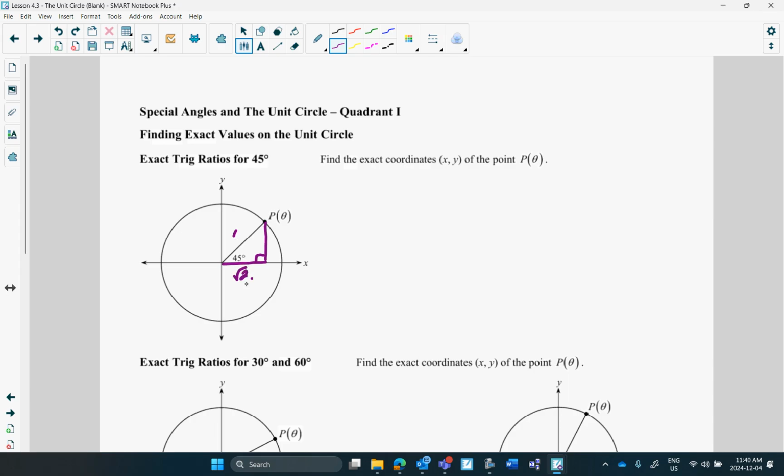Root 2 over 2 and root 2 over 2, which means this point here is the point root 2 over 2, the x, comma root 2 over 2, the y. Which means whenever you have a 45 degree angle, the point on the unit circle is always going to be that.